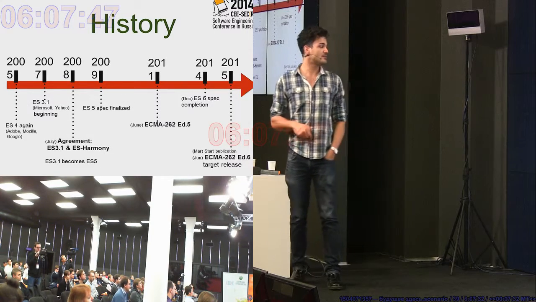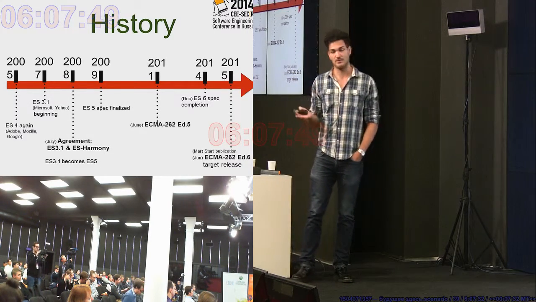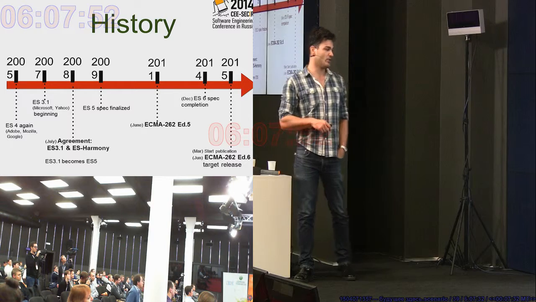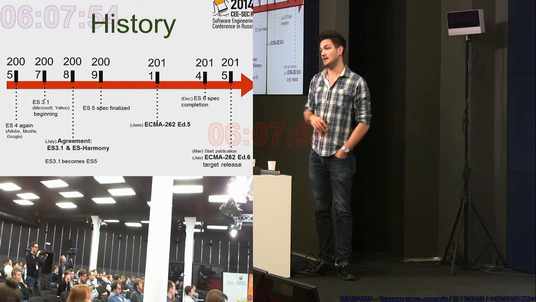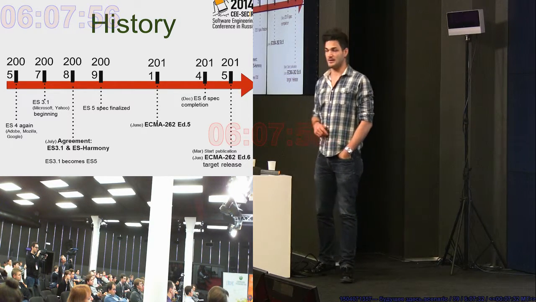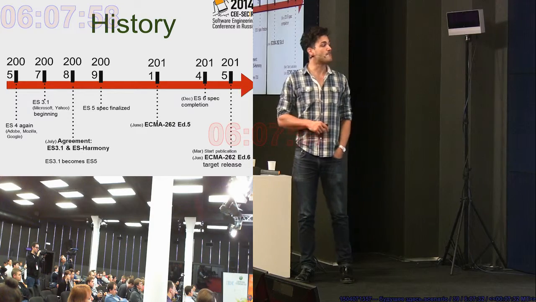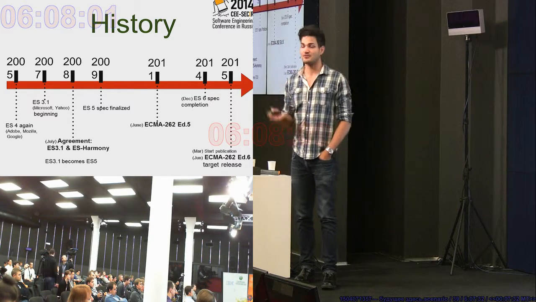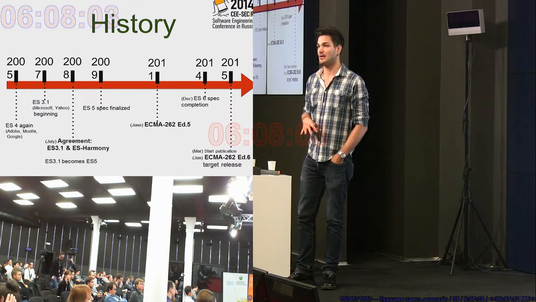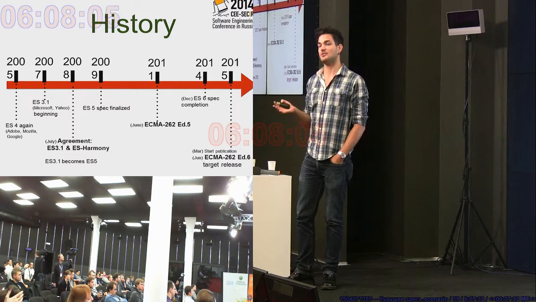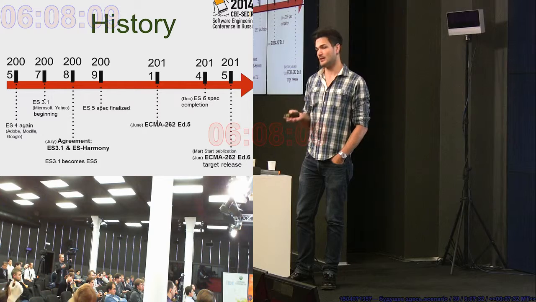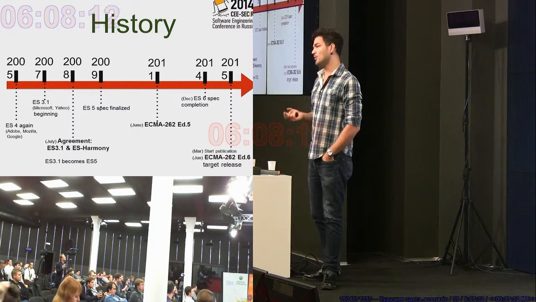And in 2005, people, especially in Adobe, Mozilla, and Google, started again working on this spec. But Microsoft and Yahoo didn't agree on those features, so they started a different version called 3.1 with small adjustments.